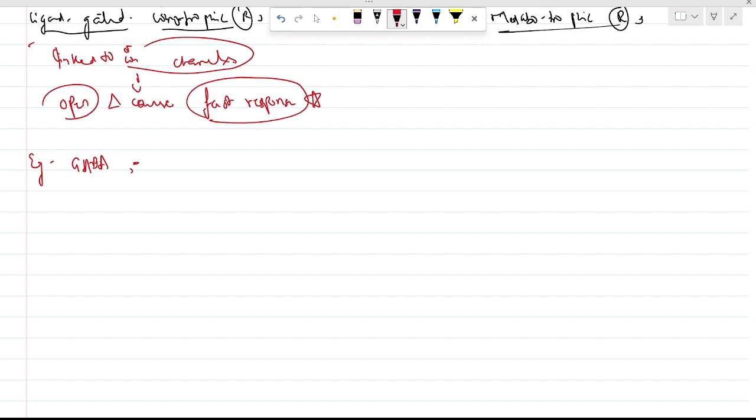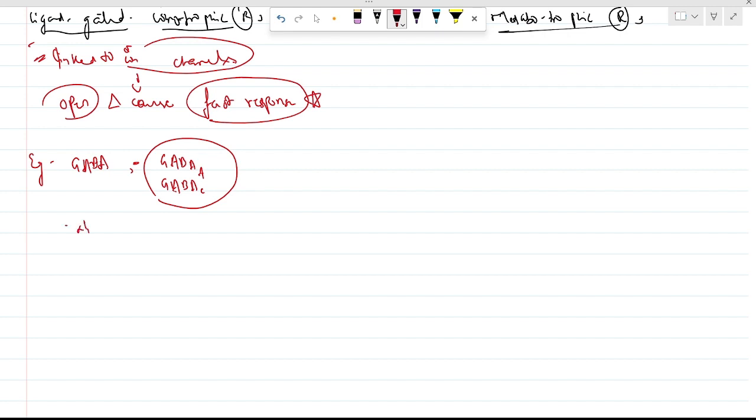We have actually three forms, GABA A, GABA B and GABA C. Out of these, GABA A and GABA C act through the ligand gated ionotropic channels.